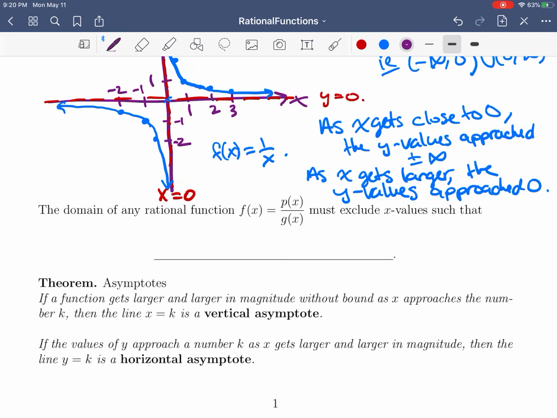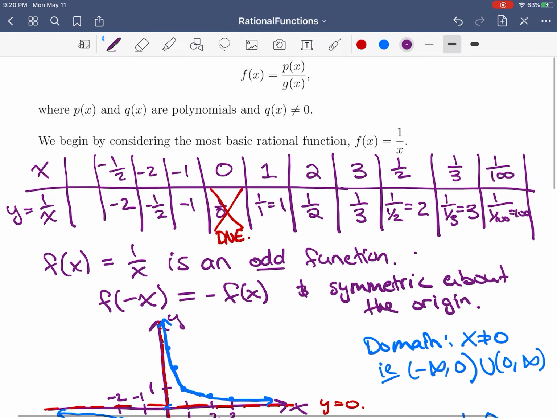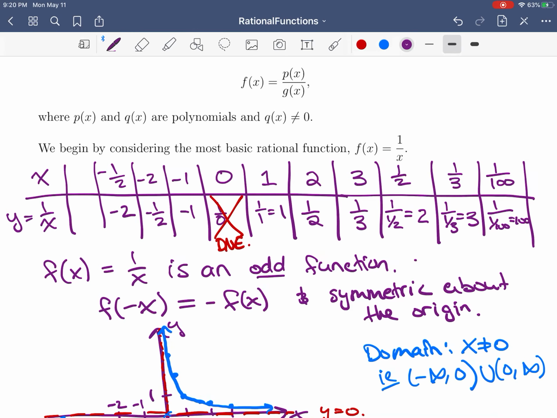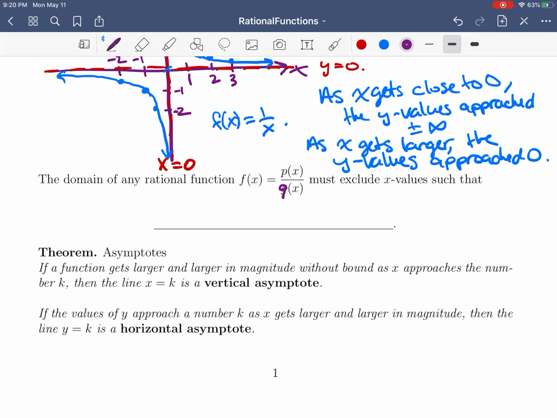So, first of all, the domain for any rational function, so p of x over q of x, I think I put g of x. Okay, this should be q, so that it matches everything else down below. So the domain of any rational function must exclude any x values such that q of x is equal to 0.